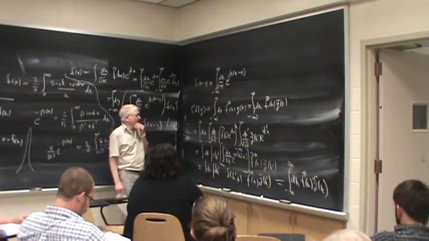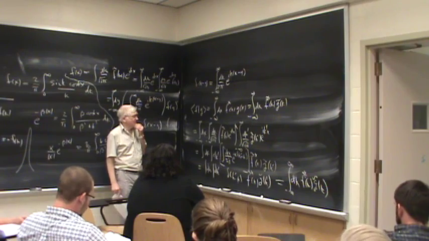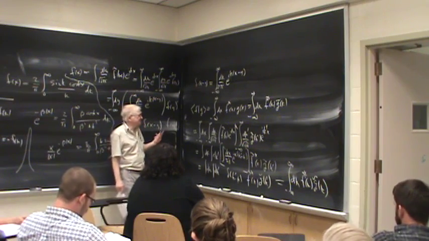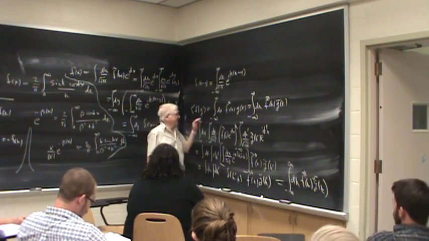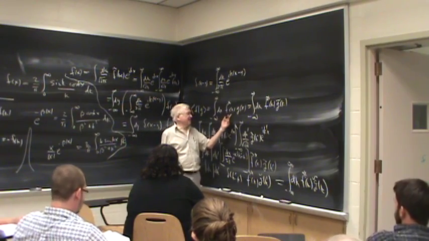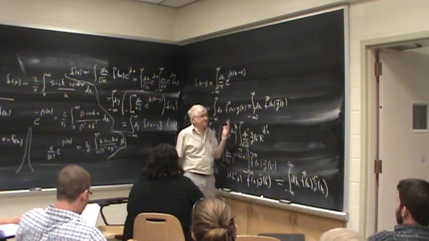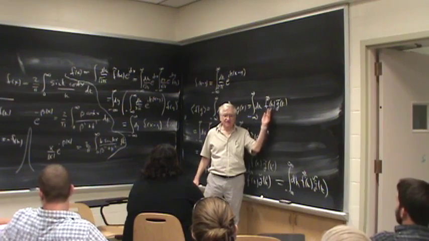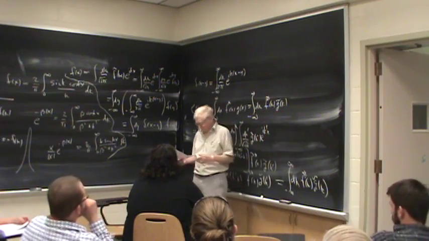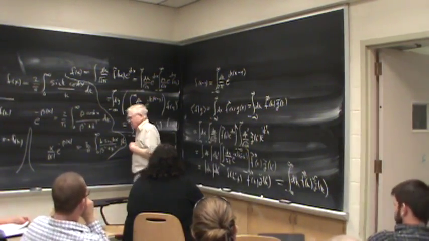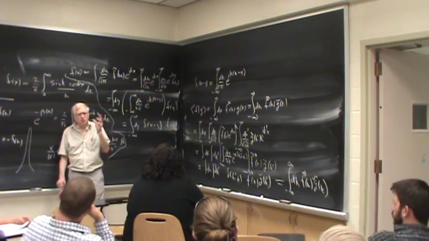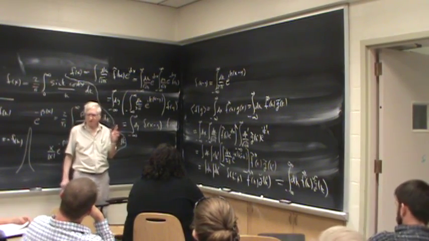It's that the inner product of two functions, or if you want, in quantum mechanics, two states, is the integral over x of f star g, but it's the same as the integral of their Fourier transforms. So Fourier transformation is effectively a unitary transformation.